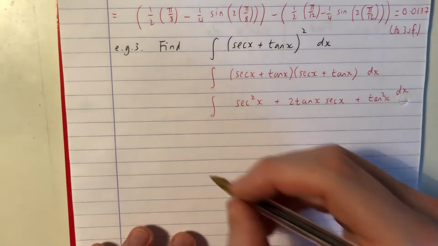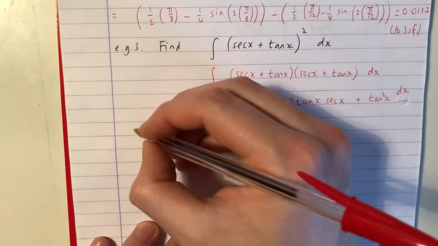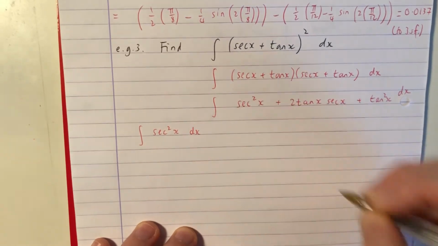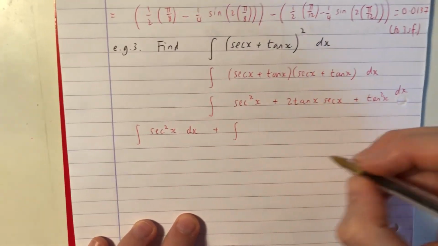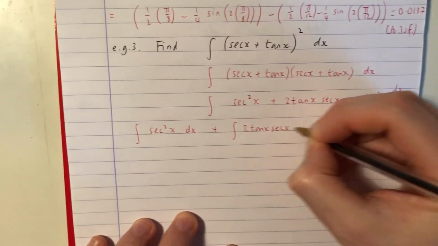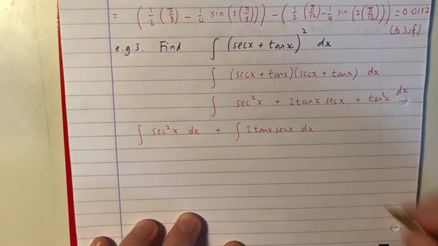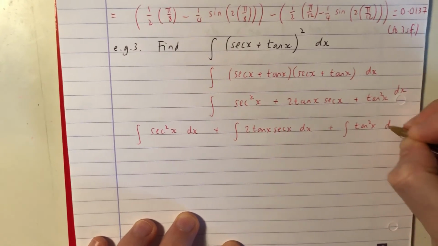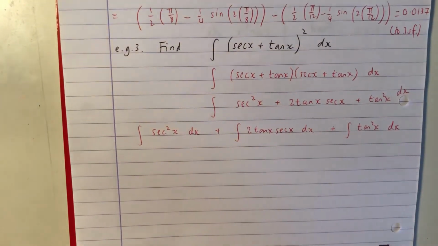Now, okay, let's write these as 3 separate functions. So I'm integrating sec squared x, I can do that, plus I'm integrating 2 tan x sec x, I can do that, integrate tan squared x with respect to x, not sure if I can do that.